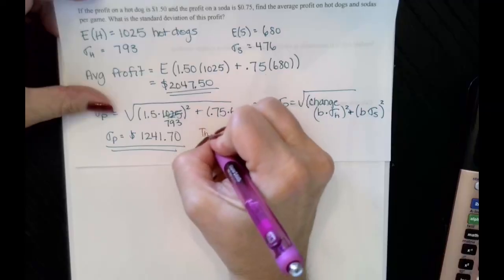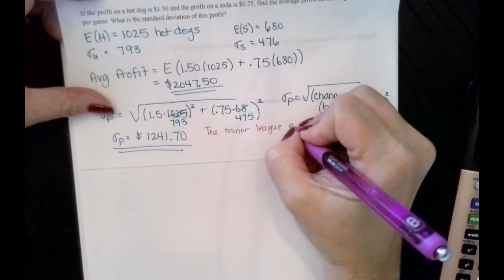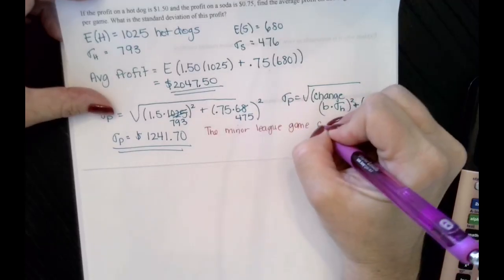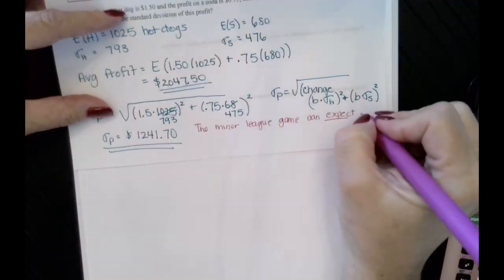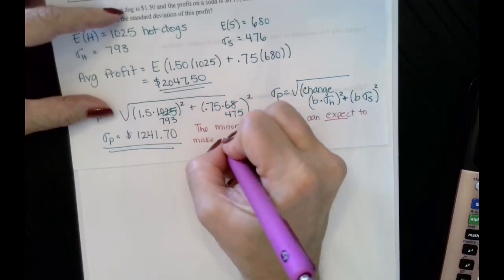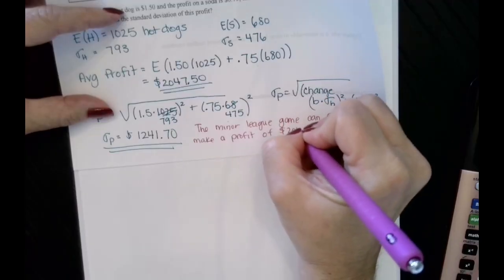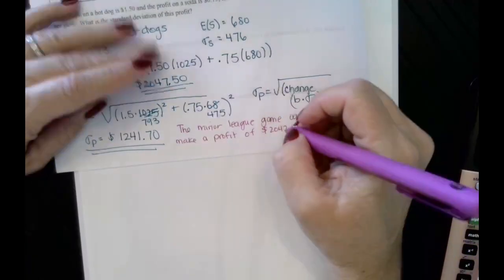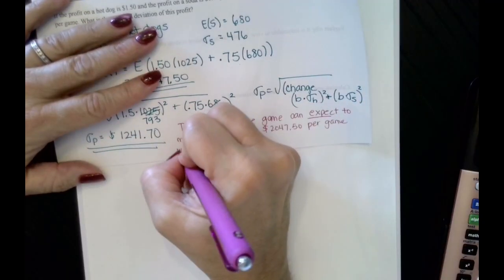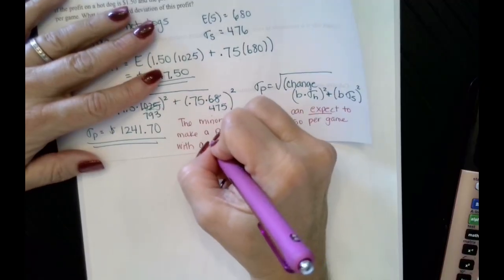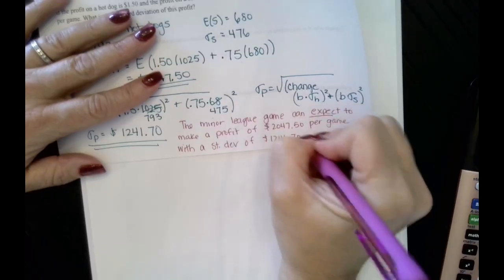We would say minor league game can expect, so this word expect here is important, to make a profit of $2,047.50 per game with a standard deviation of $1,241.70.